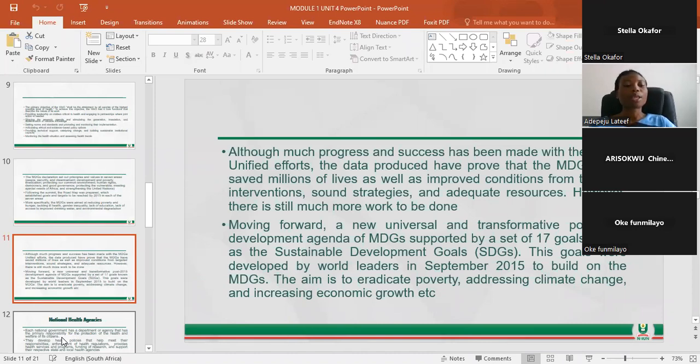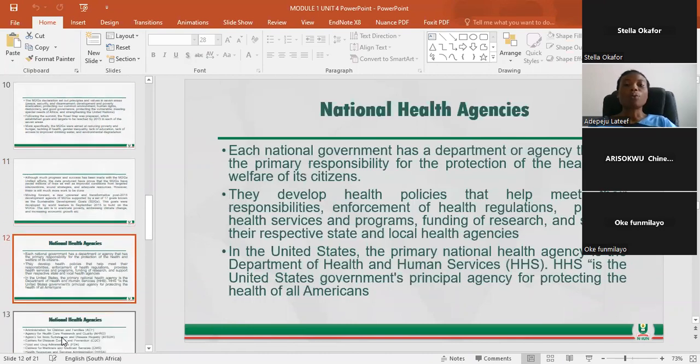So, earlier on, we discussed the international level of health, and now we are looking at the national level. When you say national level, what comes to your mind?